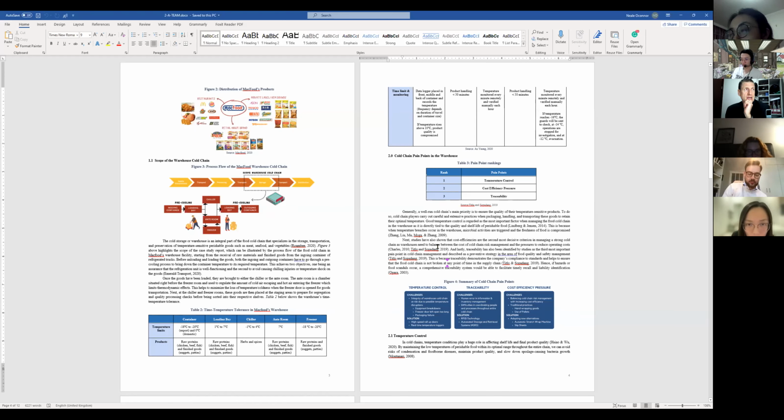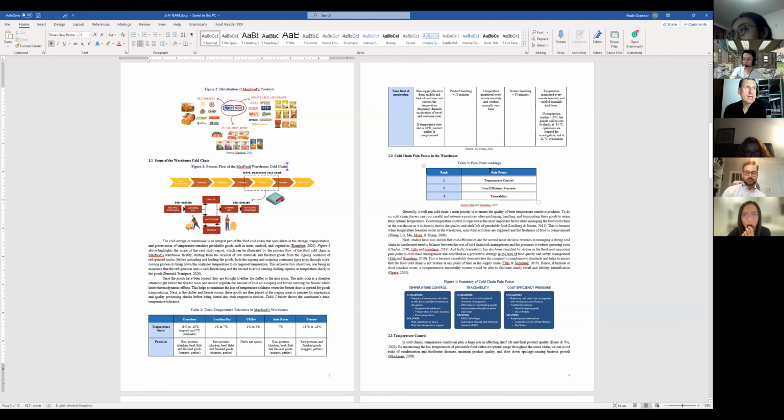They basically did a warehouse cold chain case study of Mac Food. Mac Food provided cold chain warehouse distribution for McDonald's and many other brands. That's why they called it Mac Foods.